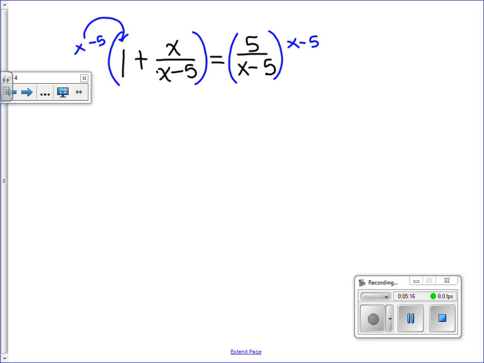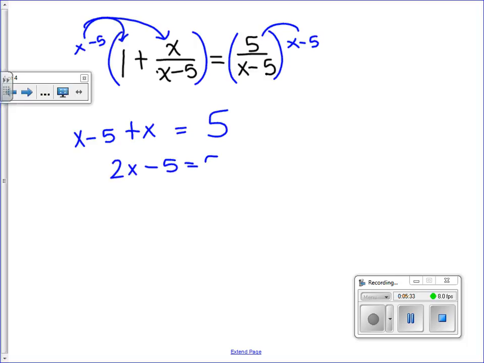So at 2x equals 10. That's easy enough, right?